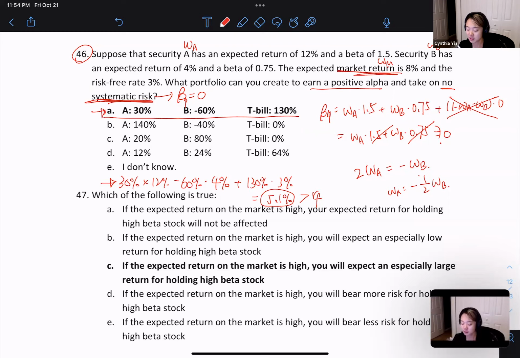And let's see B, C, D. So for B, the expected return will be 140% times 12% minus 40% times 4%.